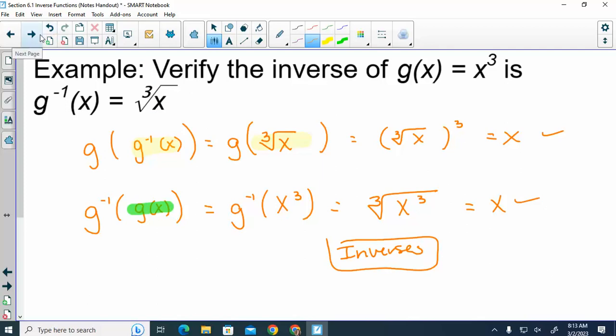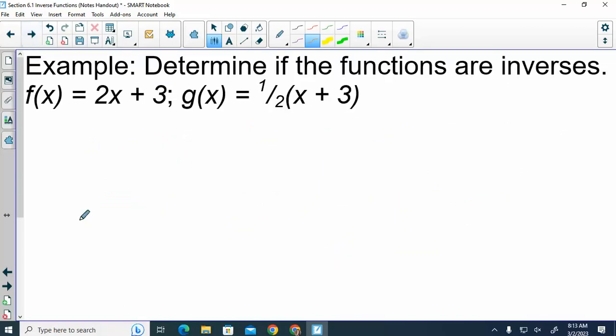Let's look at another. So if I want to know if these two things are inverses, we start, when we do compositions, you start on the inside.